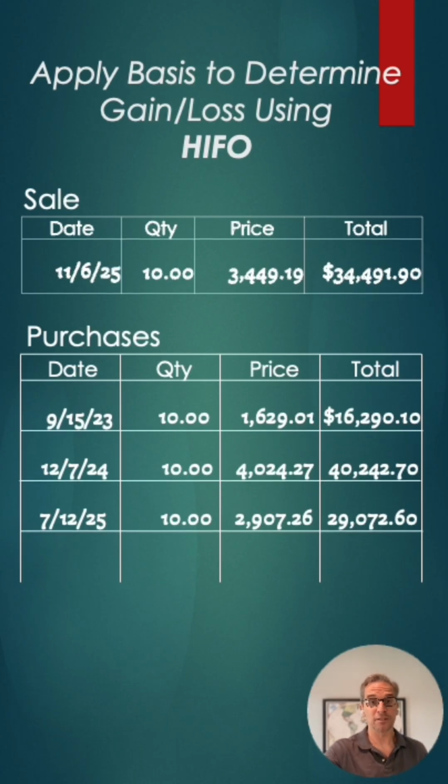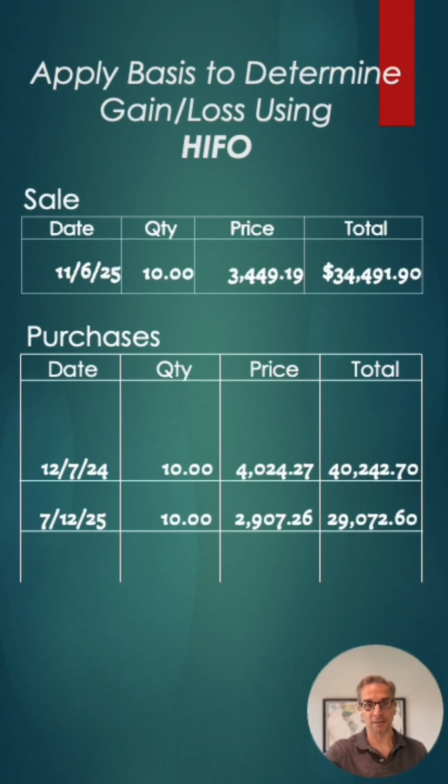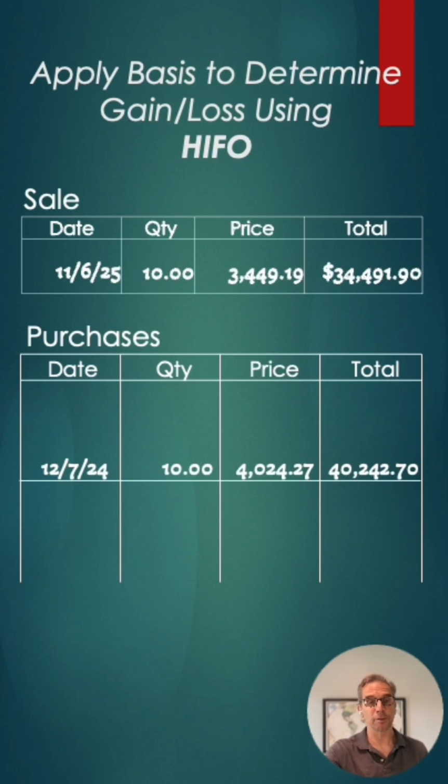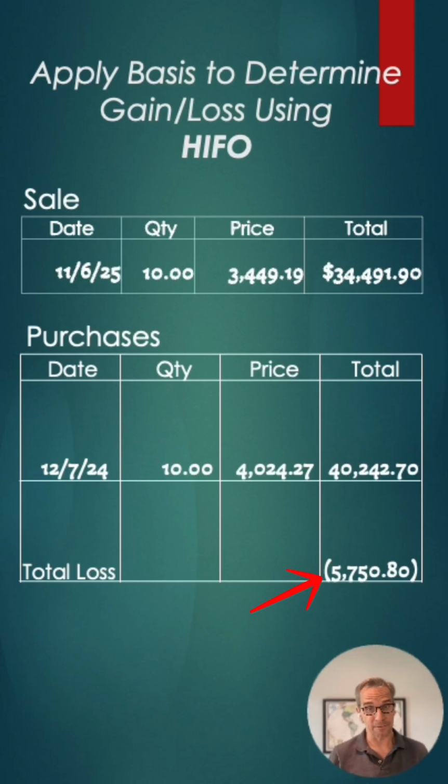So what we don't need to look at anymore is that initial purchase, the first one we did, and the last one we did. The only purchase basis that we have left based on the HIFO methodology is the $40,000 basis for the purchase we did in December of 2024. That gives us a $5,000 loss using the HIFO method.